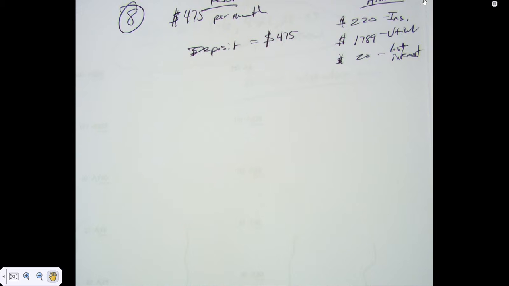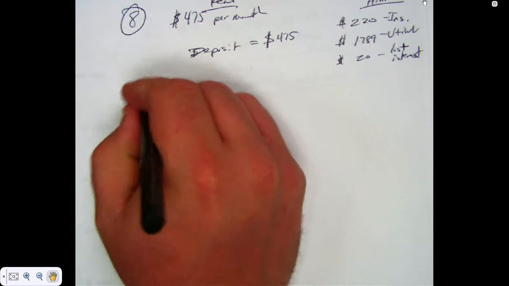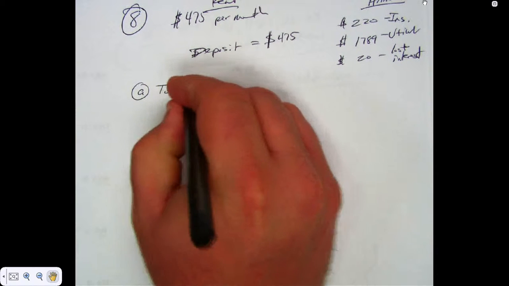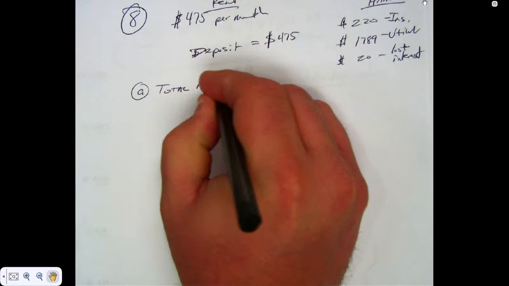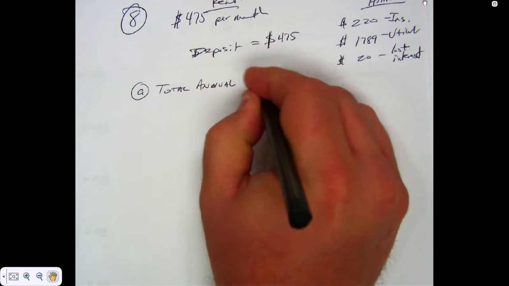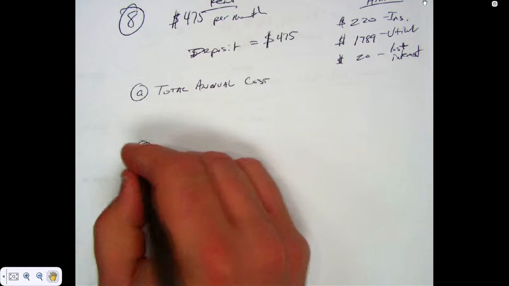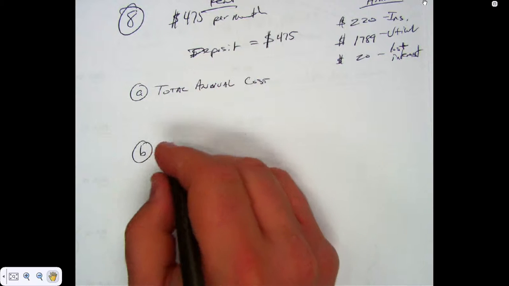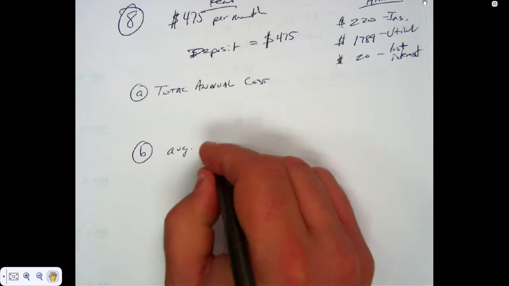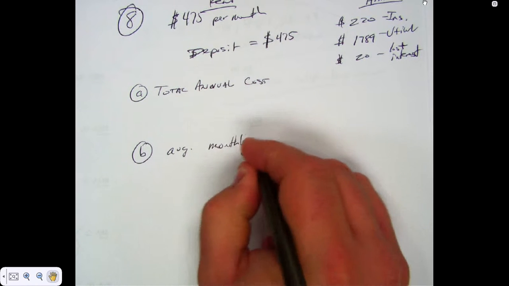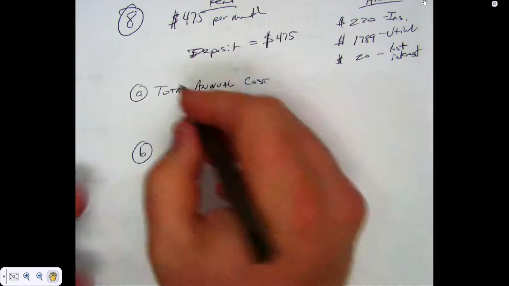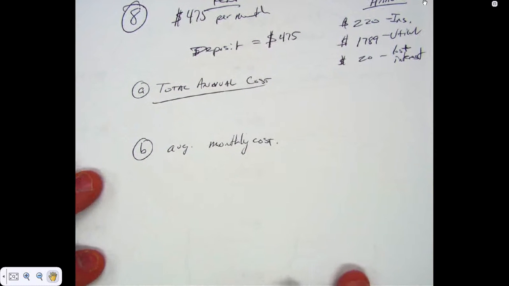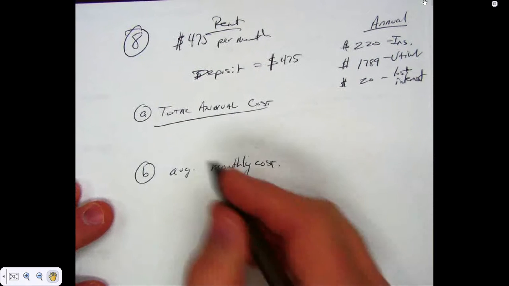We're supposed to do A, total annual cost. And B, average monthly cost. Okay, so our total annual cost is just that, it's a total.